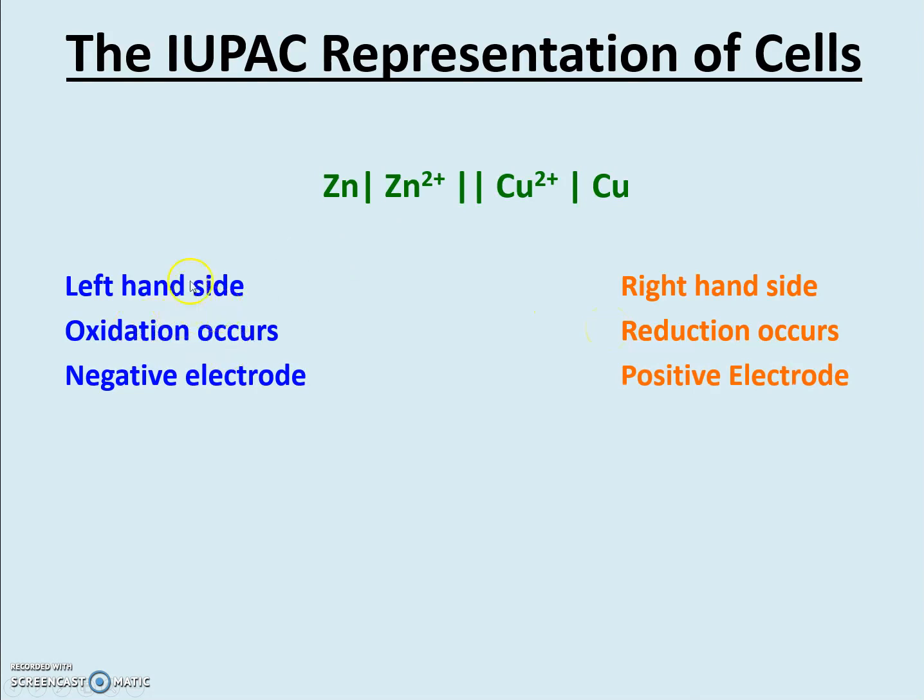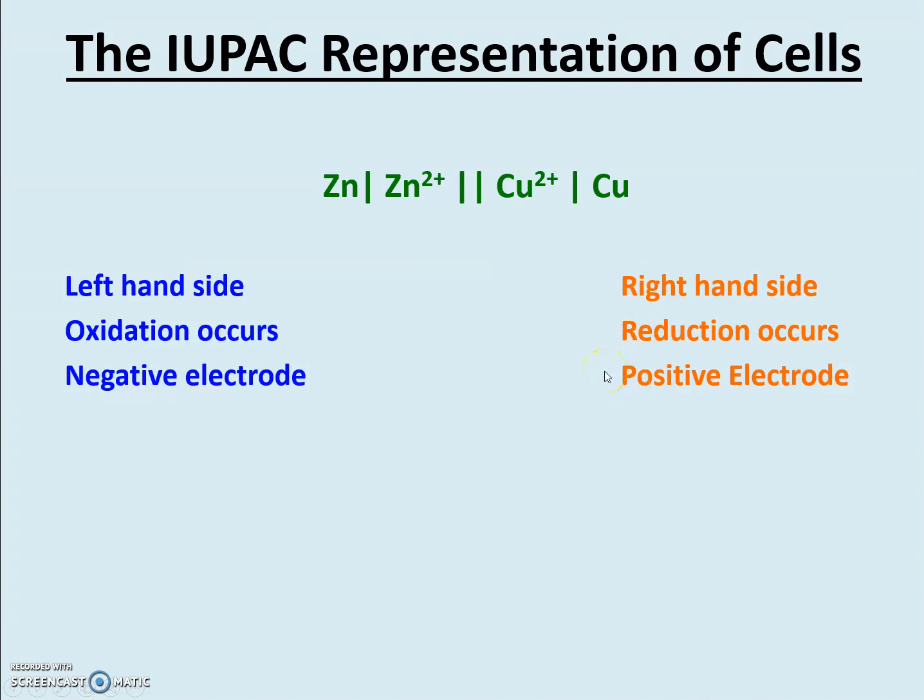Because oxidation is occurring here on the left, we can identify this as being the negative electrode. The right-hand electrode is the positive electrode. So I like to remember this as LON, left oxidation negative, and RRP, right reduction positive.